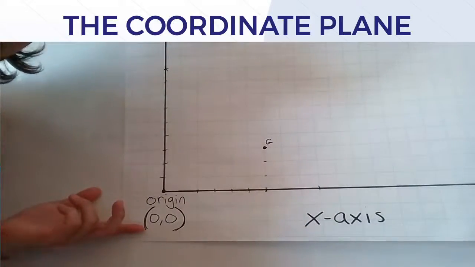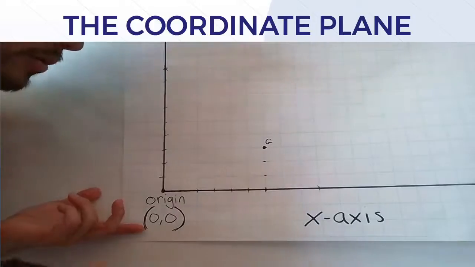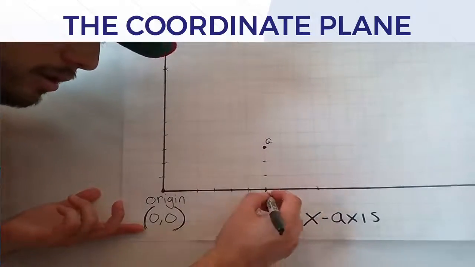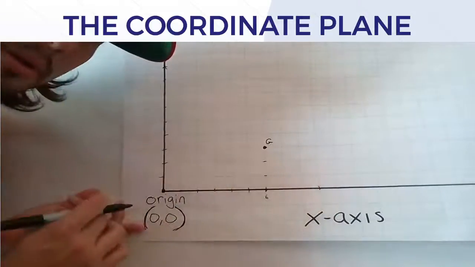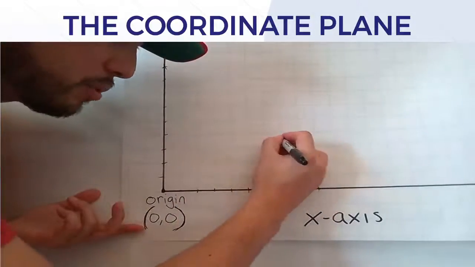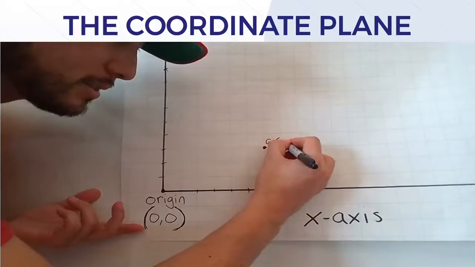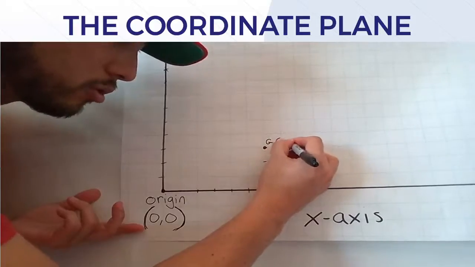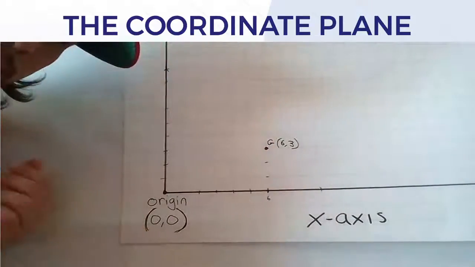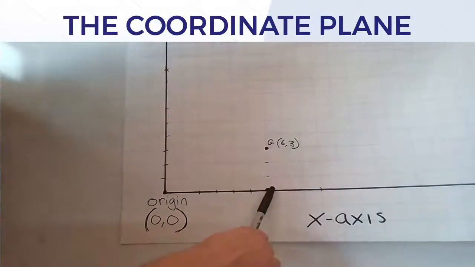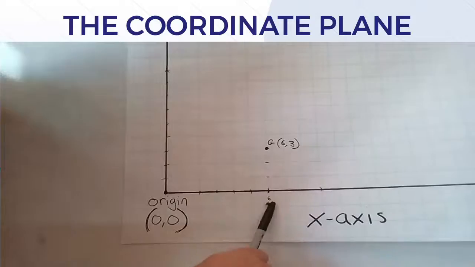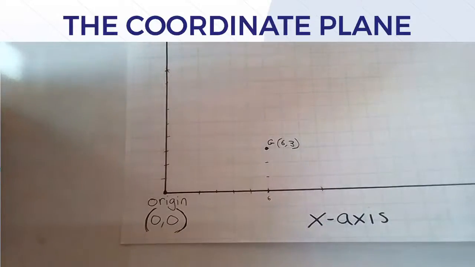How many blocks did we travel along the x-axis? We went 6. And then how many did we go up? 3. So we would call this point G, we would call it 6, 3. Showing 6 blocks over, excuse me, 3 blocks up.